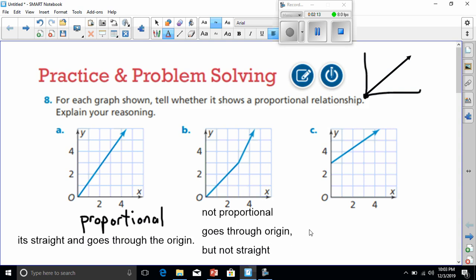All right, and let's go to C. This one is straight, but it doesn't go through the origin. So again, it is not proportional. Not proportional.